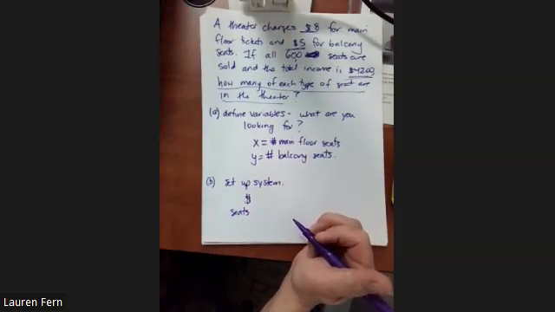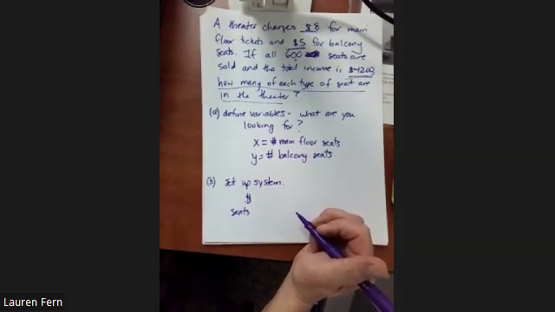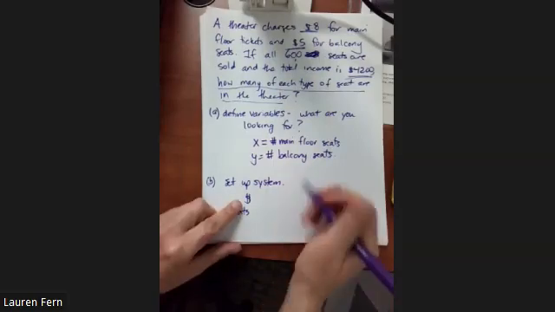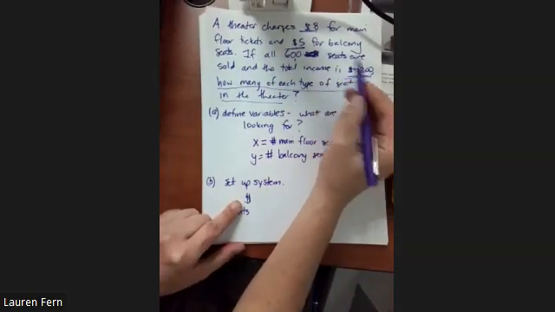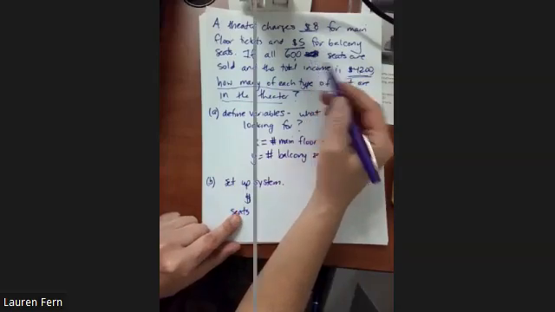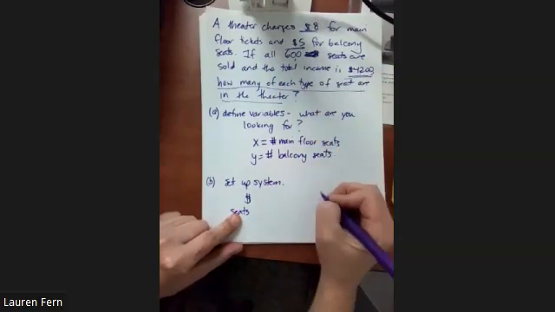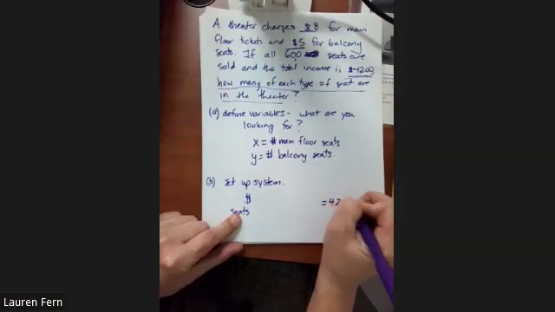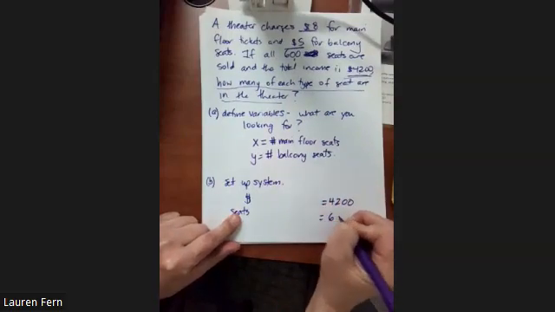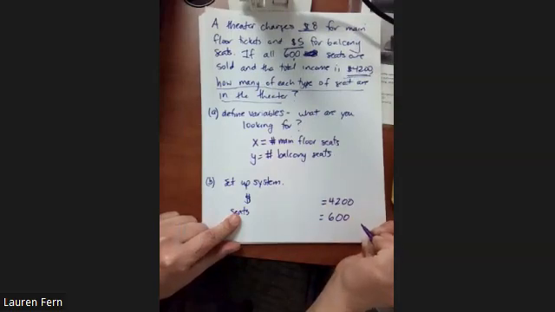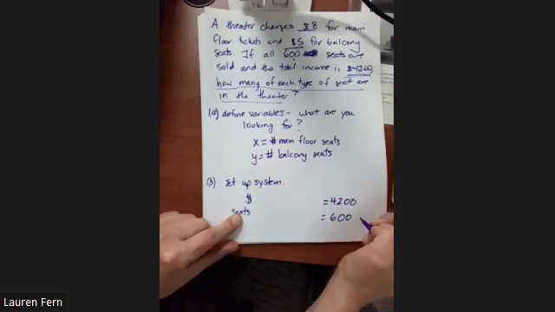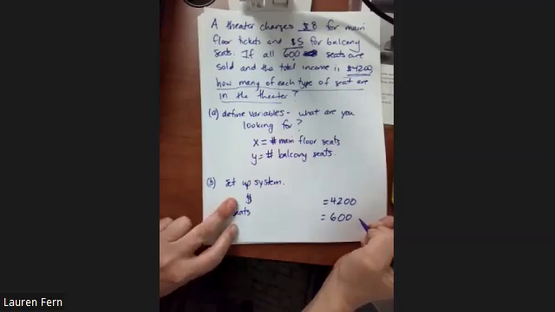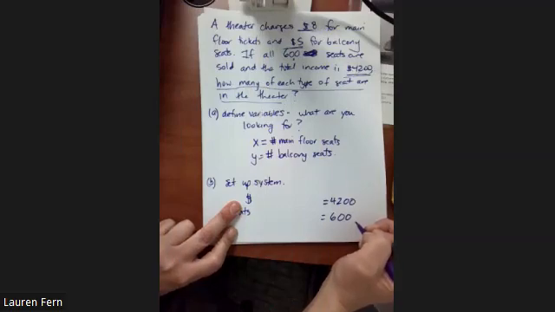So let's talk about money first. Notice we have totals given. That's another way you can determine how to set up each equation: this is the total amount of money we bring in, and this is the total number of seats we have. How much money do we collect from our main floor tickets? $8 per ticket times the number of tickets sold.